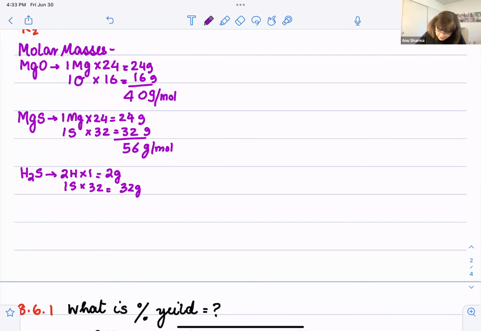Okay, 24 grams, 16 grams. And this one is grams, grams. And then this becomes 34 grams per mole.